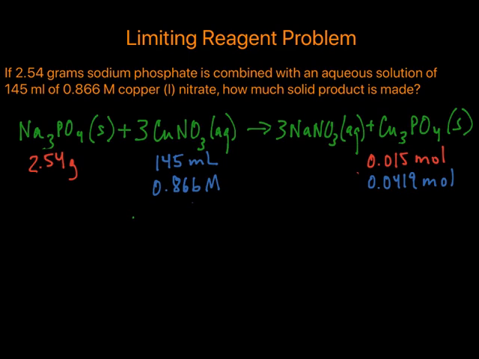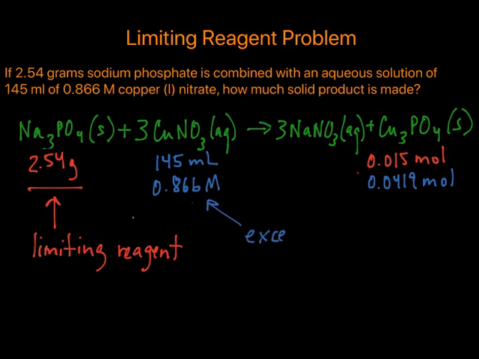So that means that this will all get used up. Since this gave the least amount of copper phosphate, this then is our limiting reagent. It will be all used up, which tells you that this one then is our excess reagent. We're going to have some of this left over.